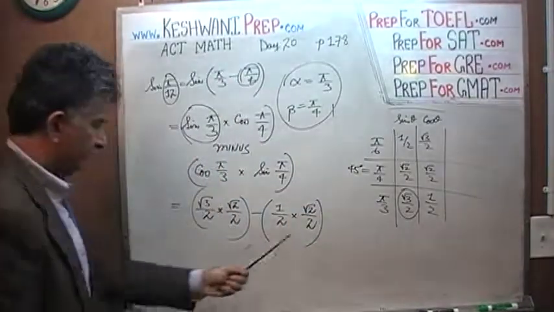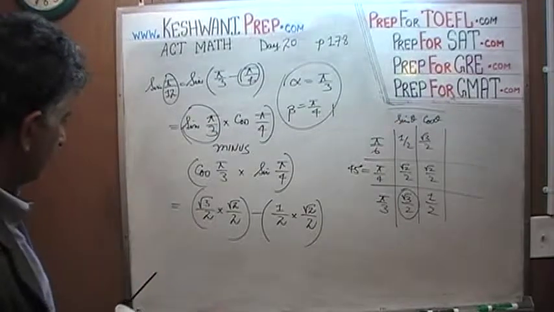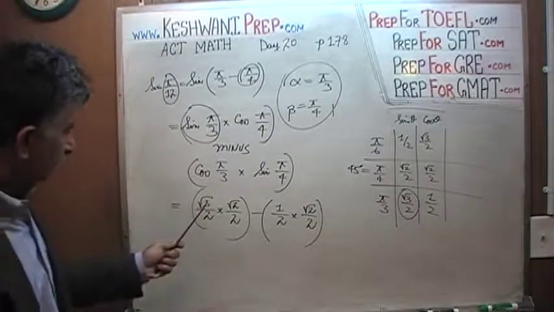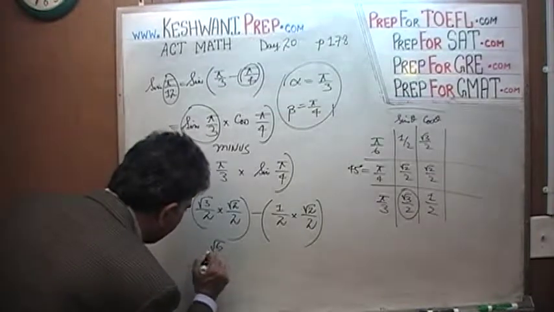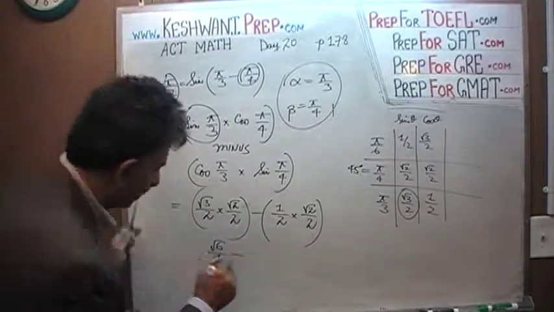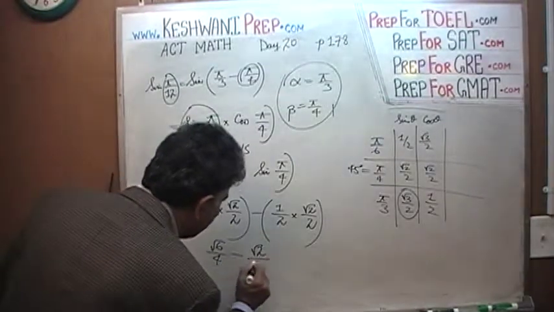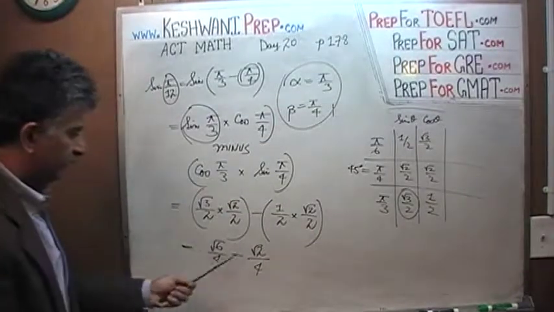That's it, we're almost done. We just have to simplify this part and that's it. We can continue here if you like. So this is going to be root 3 times root 2, which is root 6 over 4, minus, again 2 times 2 is 4, and on the top you'll have root 2. Root 2 over 4. Both of these quantities have the same denominator.